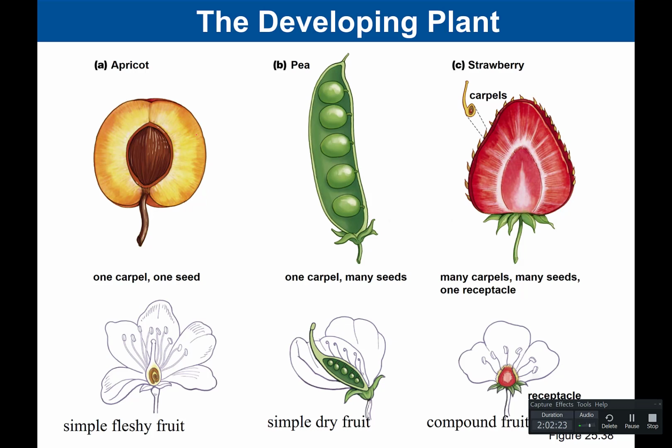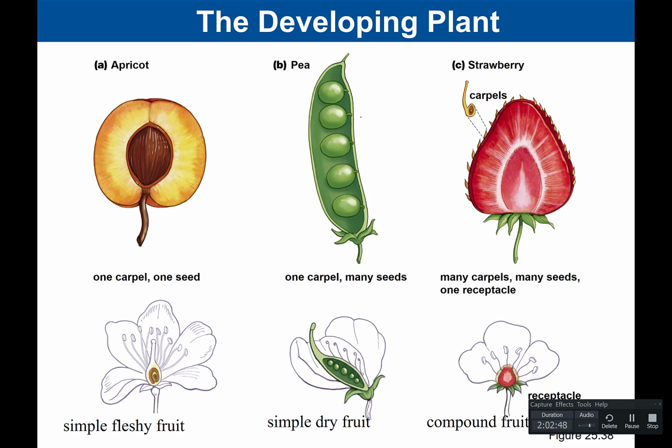So an apricot, for example, has one carpel and one seed. We can have what's called a simple dry fruit. So a pea pod would be an example of this. It has one carpel. So notice that that's the wall of the ovary. And within it, we have many seeds. And they're linked to this pod by a placenta, kind of like we have a placenta.